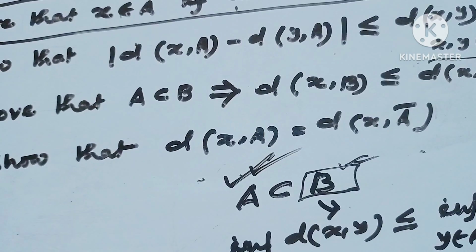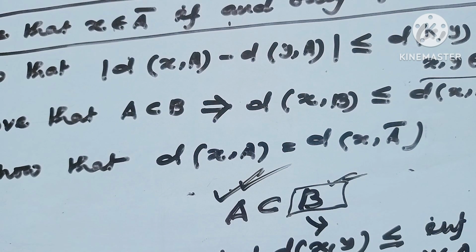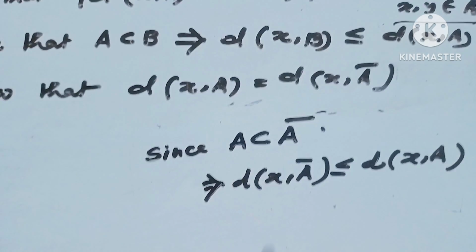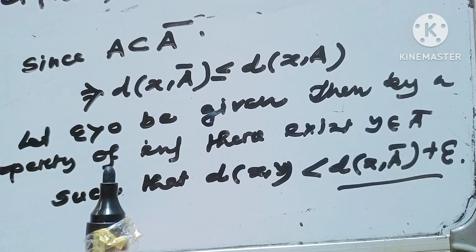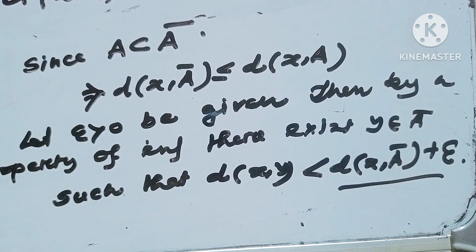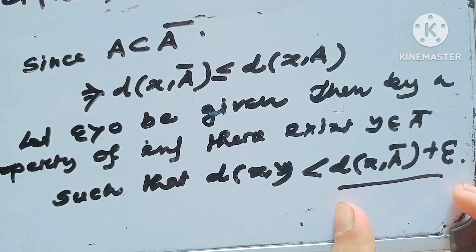Next, I will show d of xA equals d of x A bar. Since A is contained in A bar, the distance between x and A bar is always less than or equal to the distance between x and A. For the converse, let epsilon be greater than 0. Then by the property of infimum, the infimum plus epsilon is not a lower bound.